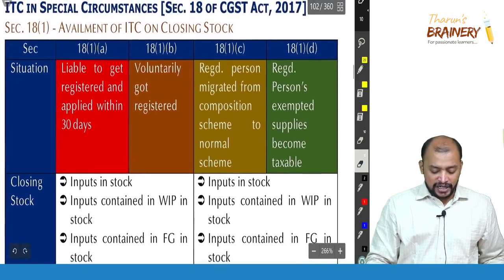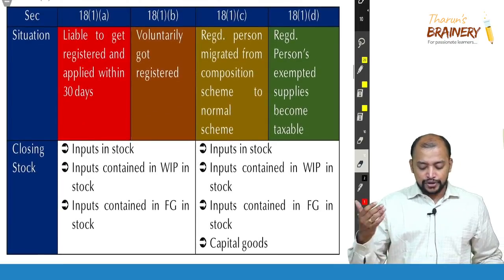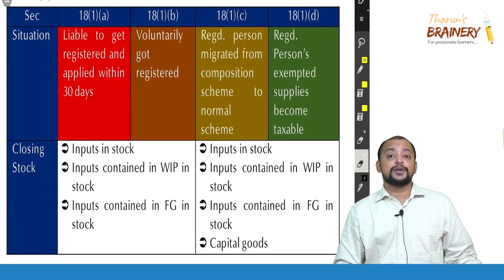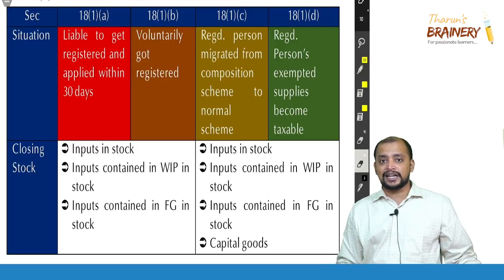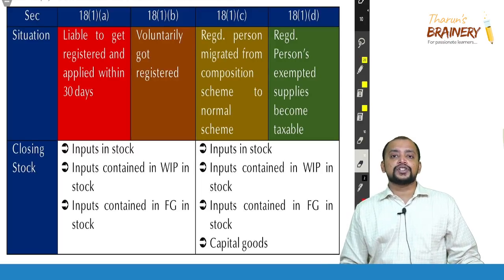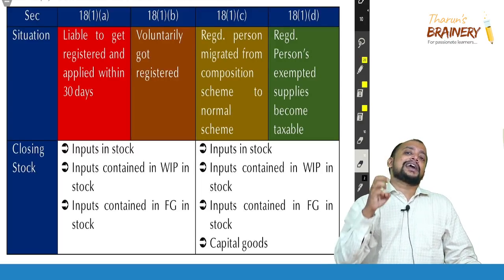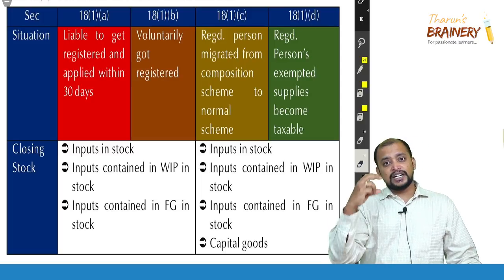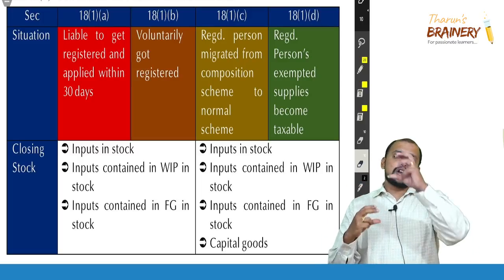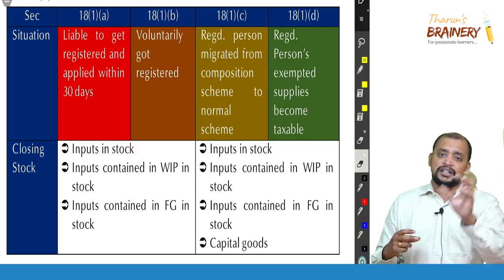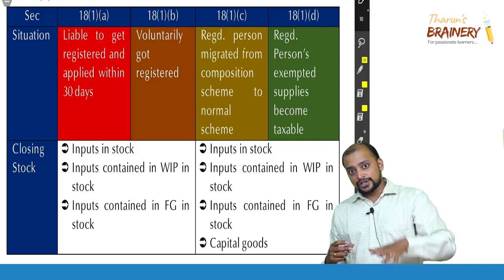That is 18.1a. Inputs in stock, inputs contained in WIP in stock, inputs in FG in stock can be taken as credit. What is the meaning of closing stock? Closing stock will be segregated into 3: raw material, WIP and FG. In raw material, whatever GST paid we will take on the raw material closing stock.